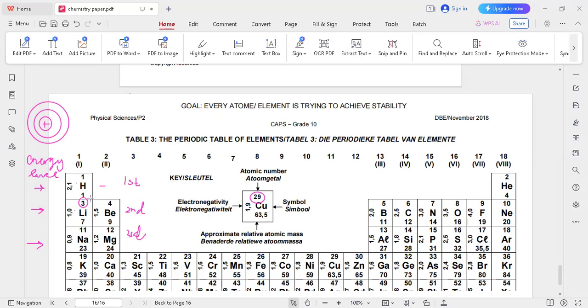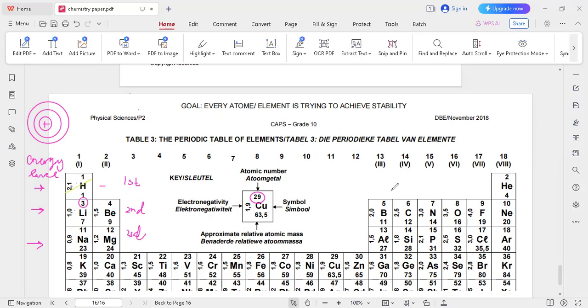So how do we know where to put them in our orbitals? Because you can't just put them anywhere. It will be marked wrong, because the structure is specific to the element. So lithium has 3 electrons.